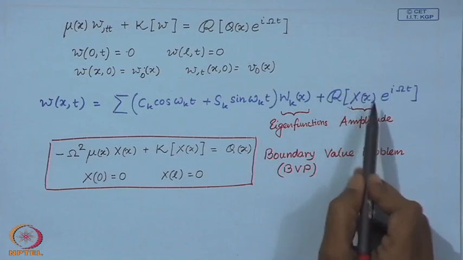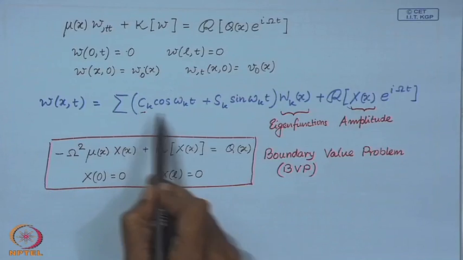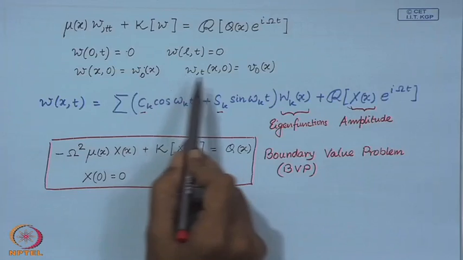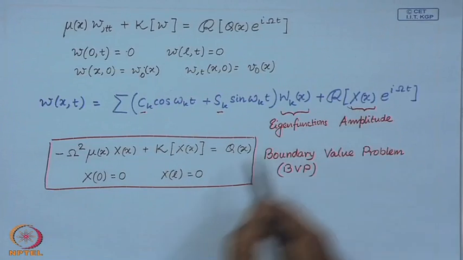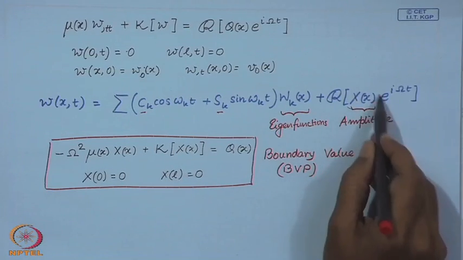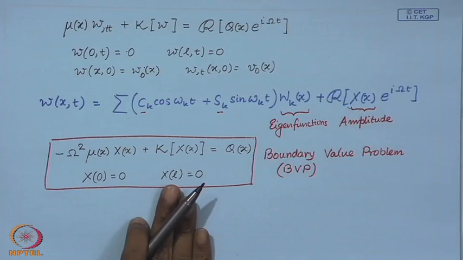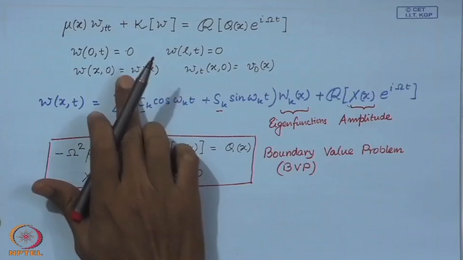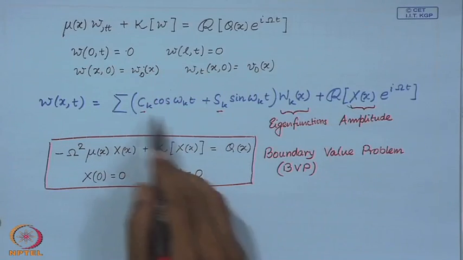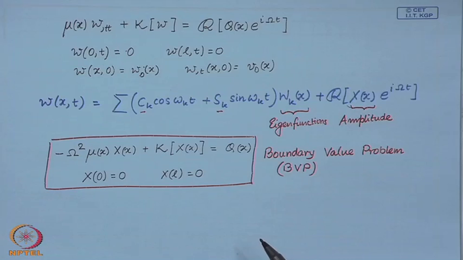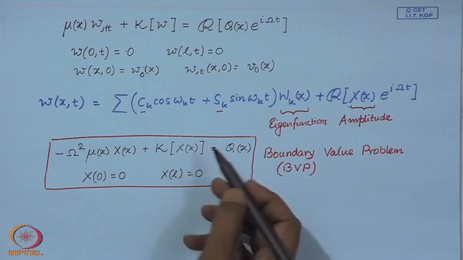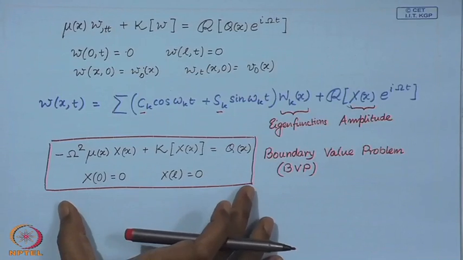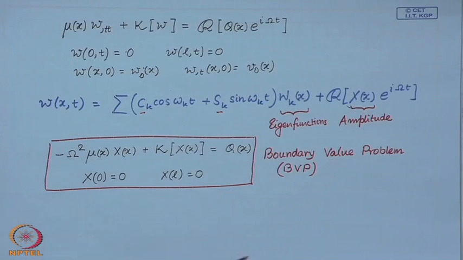So, this is the unknown here, and of course, we have unknowns C_k and S_k, which must be determined from the initial conditions after we have solved for the amplitude function. So, we solve this boundary value problem, determine capital X, substitute it here and then apply the initial conditions to solve for C_k and S_k, and the solution of C_k and S_k we have seen in one of our previous lectures. So, today we are going to focus on the solution of this boundary value problem.